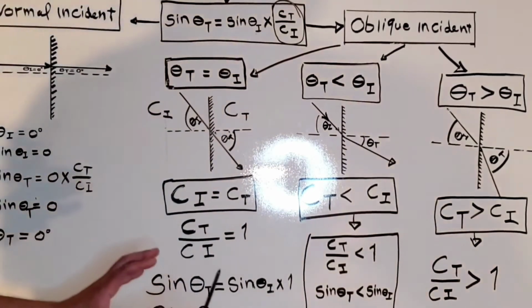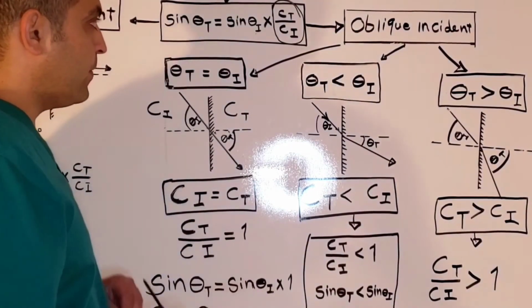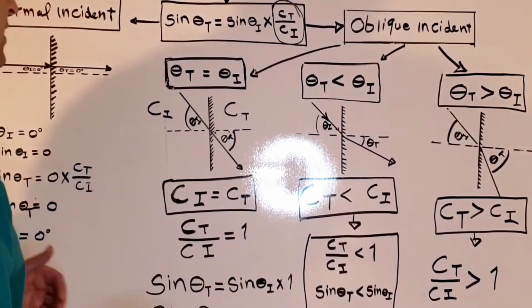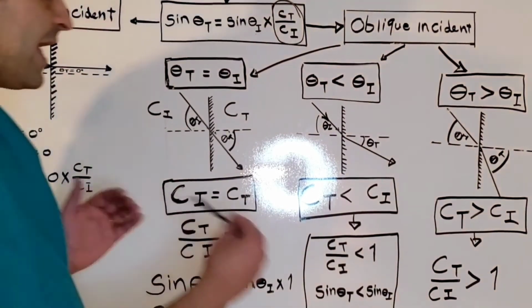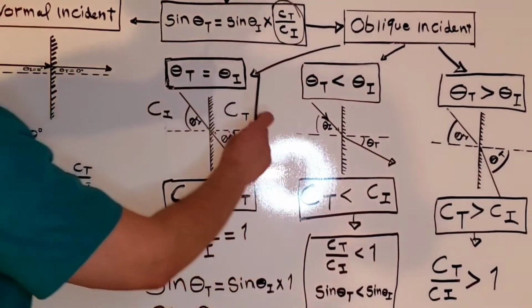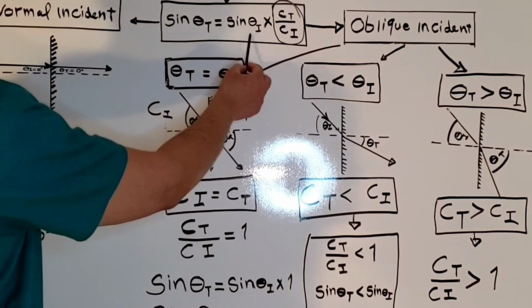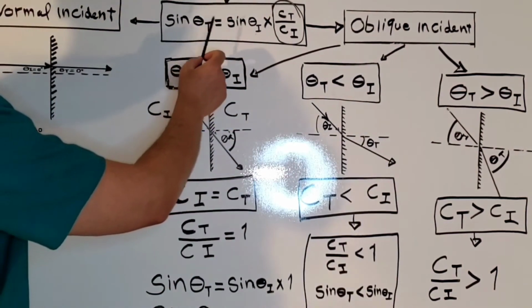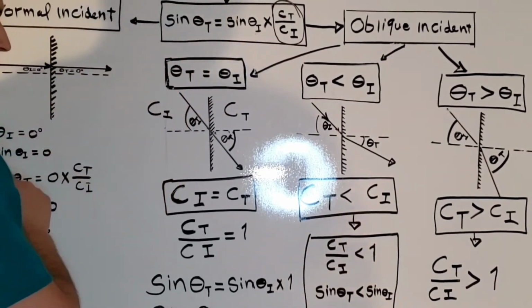When we multiply any number by another number which is less than 1, the result will be less than the original value. So when we multiply sine theta I by a number which is less than 1, the result will be less than the original value.